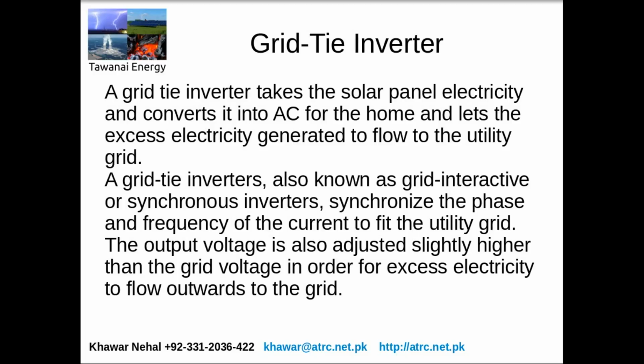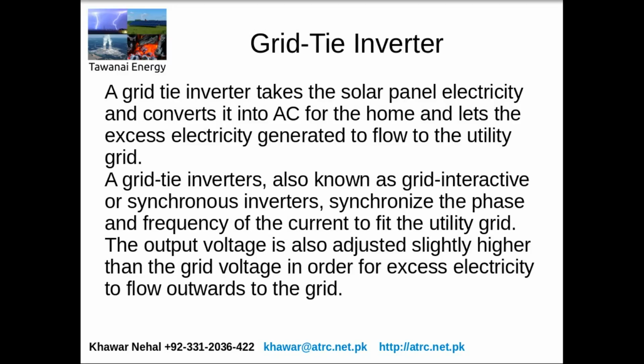A grid tie inverter is similar to a solar inverter, but it takes solar panel energy and synchronizes it with the grid. So what happens is it merges the electricity with the grid electricity that's coming into the home, and it increases the voltage of its output a little bit more than the grid output. So the home will end up using the solar panel energy before it uses the utility power.